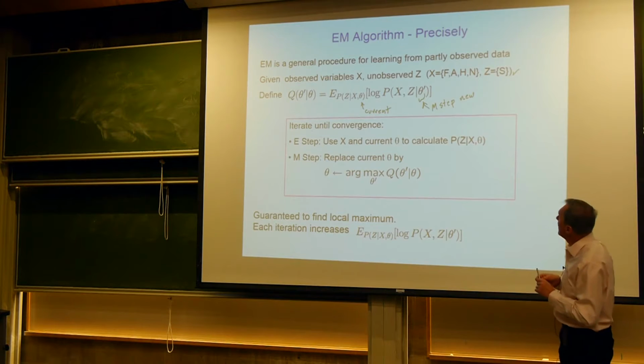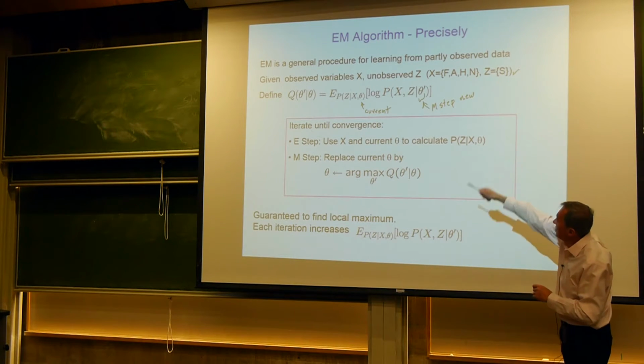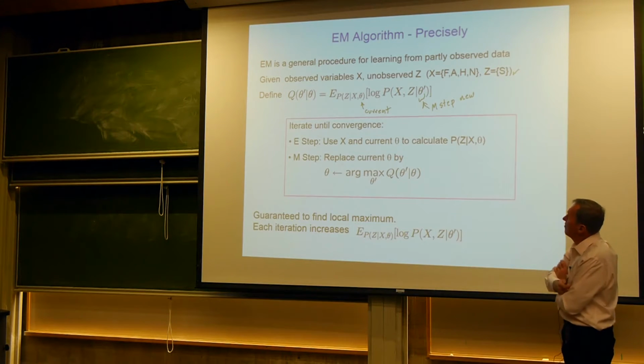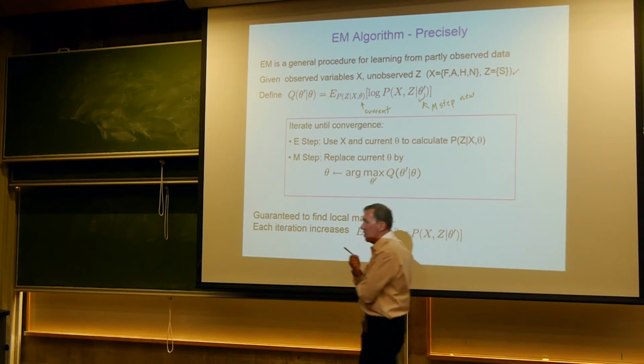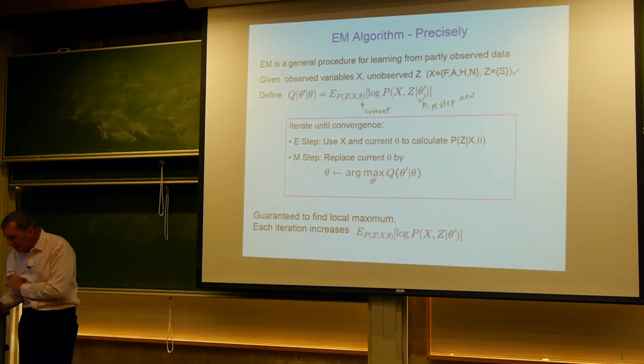You can use EM. And here's the general description of the algorithm. We'll make up this quantity that I'll call Q. Q is just a function that's going to get me the next estimate of theta given the current estimate.